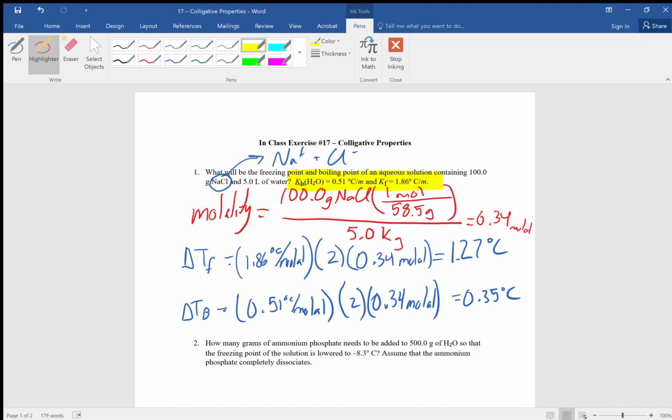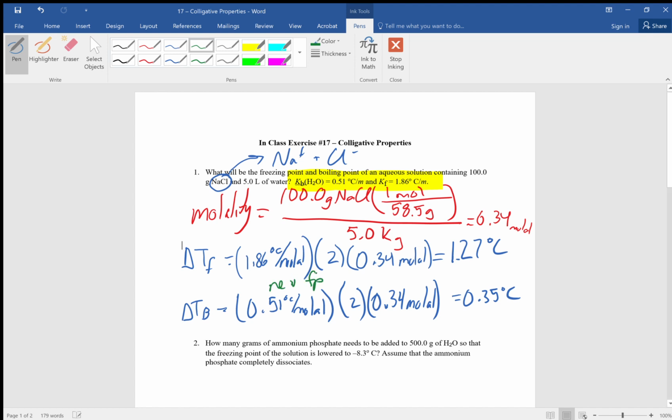But we're not quite done here, because the question I've asked is what will be the freezing point and what will be the boiling point, not what's the change. So we need to then factor these in to the normal boiling points as well as freezing point. So the normal freezing point for water is of course 0 degrees Celsius.